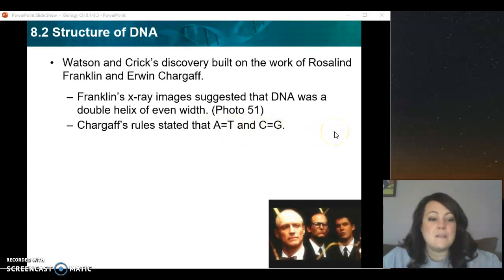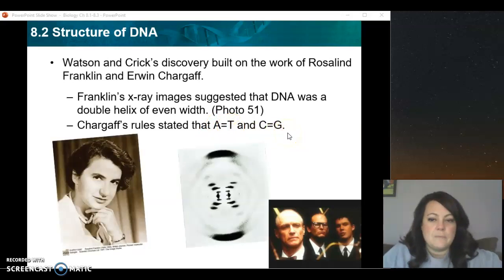Originally, they had thought that the purines paired together with purines and the pyrimidines with pyrimidines. But when they did that, they found that that DNA structure wasn't equal width. But if they paired an adenine and a thymine, so a pyrimidine and a purine, they would work.